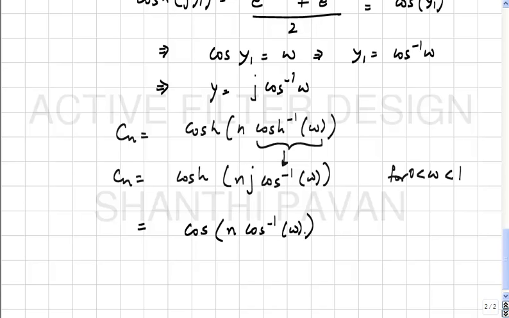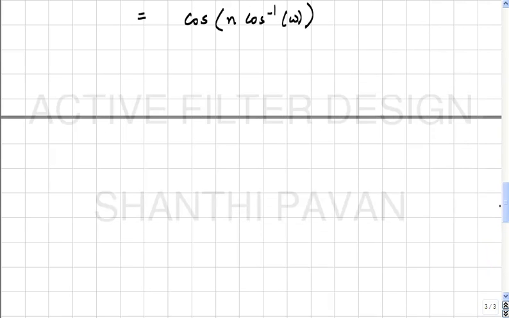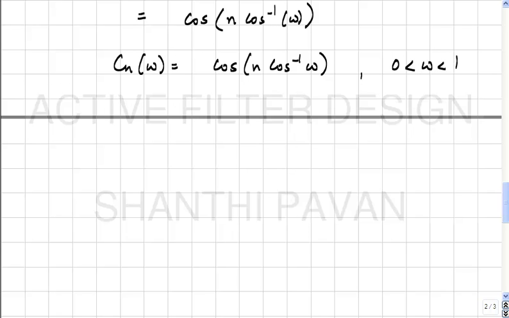So, if you want to keep everything real, then you say Cn of omega is cos of n cos inverse omega for the range 0 to omega less than or equal to 1, and cos hyperbolic of n cos hyperbolic inverse of omega for omega greater than 1.